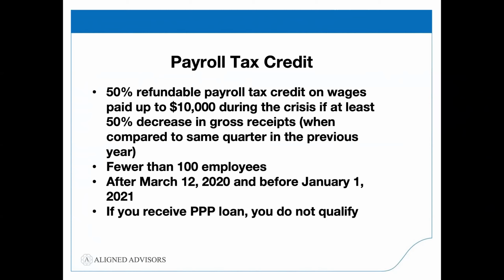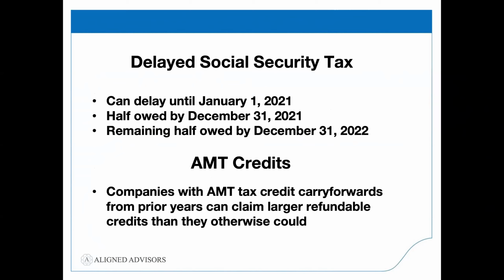So then the next one, if you'll flip the slide, Jonathan, the next two, I should say, are delayed Social Security tax and AMT credits. For Social Security tax, you have the option to delay the employer portion of the Social Security tax until January 1st, 2021. So you can essentially stop paying your employer portion of the Social Security tax for the rest of this year.